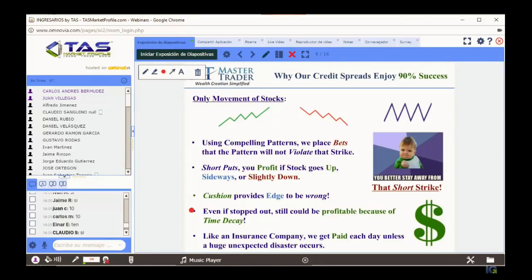Just like an insurance company that sells you car insurance, every single day you don't call the insurance company up and say that you totaled your car. The insurance company is making money every single day, a portion of the premium. As option sellers, that is exactly the same thing we are doing with an edge.